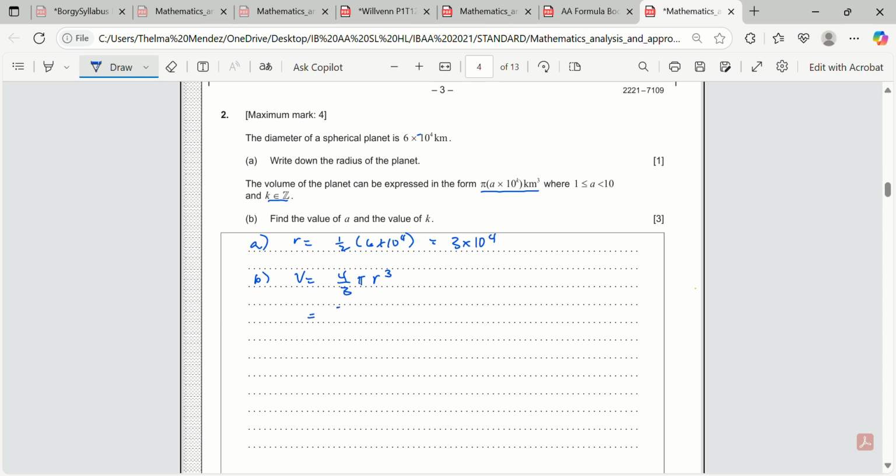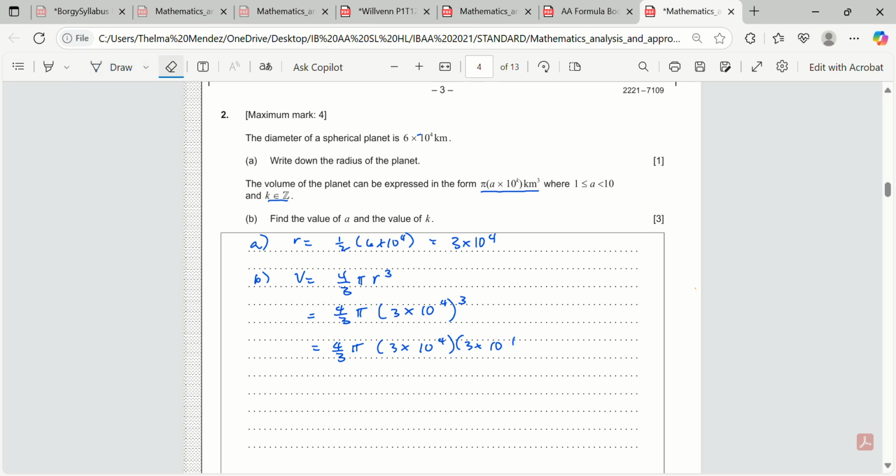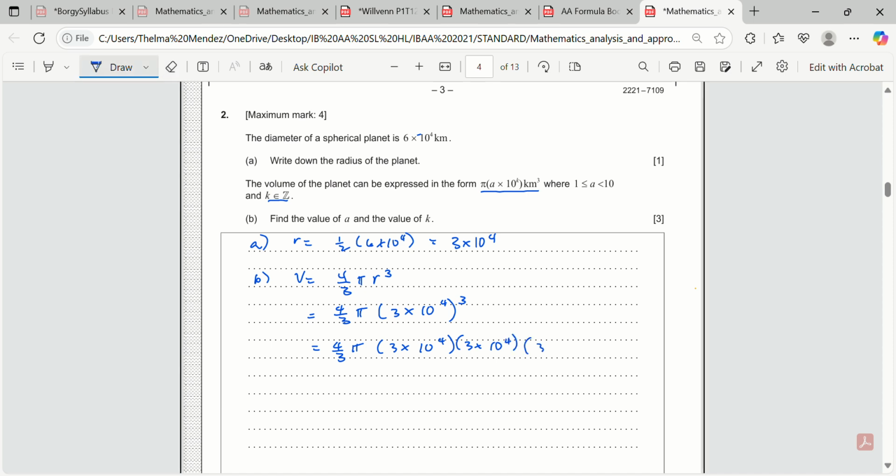So, substituting for that, 4/3 pi, our r is 3 times 10 to the 4th power raised to 3. If you're going to expand this, we'll have 4/3 pi, 3 times 10 raised to 4, 3 times 10 raised to 4, times 3 times 10 to the 4th power.